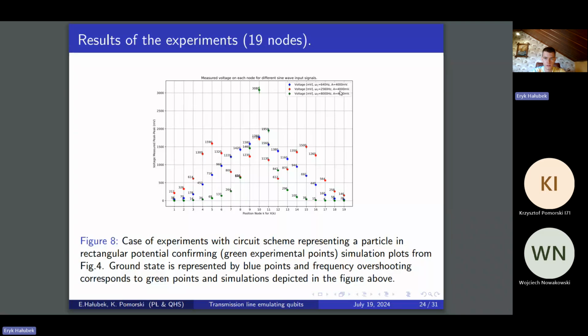The different frequencies represent different states as well. Ground state is represented by blue points, and the frequency overshooting is green points.